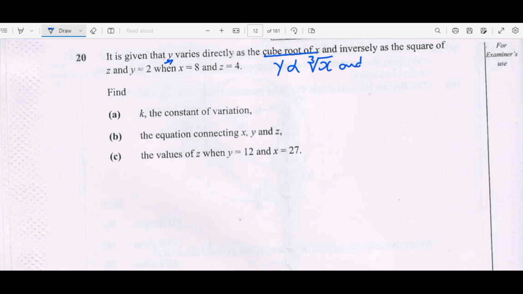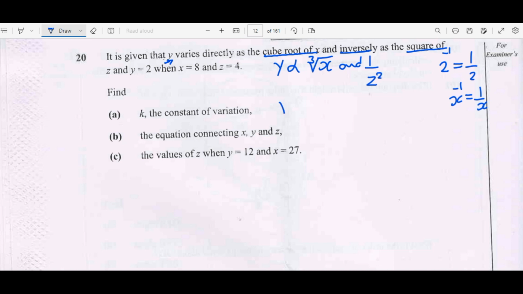And the inversely of. Let's say the inverse of 2 is 2 to the power negative 1, which is the same as 1 over 2. The inverse of x is x raised to the power negative 1, which is the same as 1 over x. So to simplify our work, whenever the inverse language is mentioned, you write 1 over, and now we are told the square, then our z must be squared.